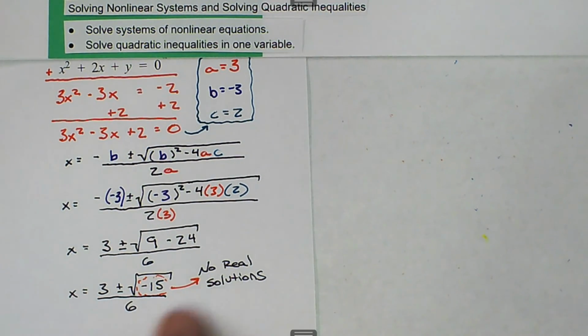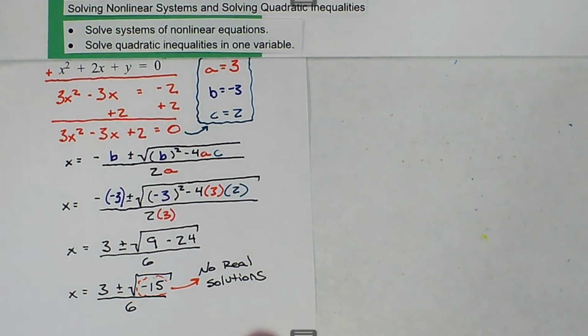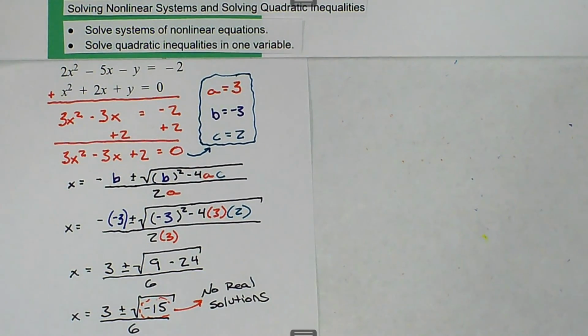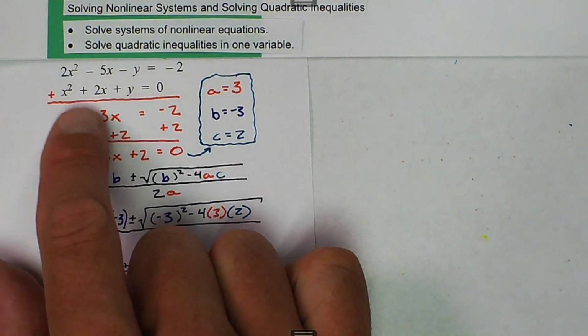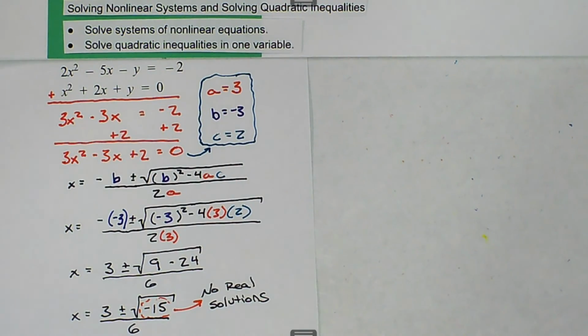So once we get to this point, we can say no real solutions, and if we have no real solutions, what that means is these two parabolas do not intersect.